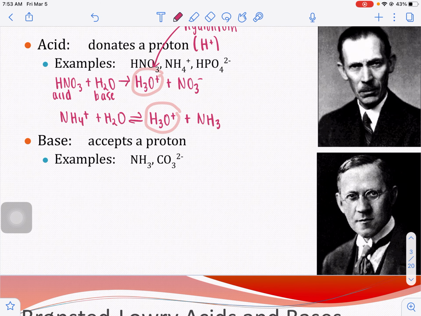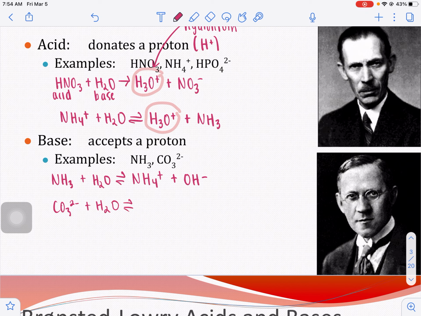Bases accept a proton. So here, NH3 is a base. We'll just put it with water for right now. Since it's going to steal an H+ from water, it'll be NH4+, and it leaves the water as OH-. There's your clue that it's a base. CO3 2- can do the same thing.